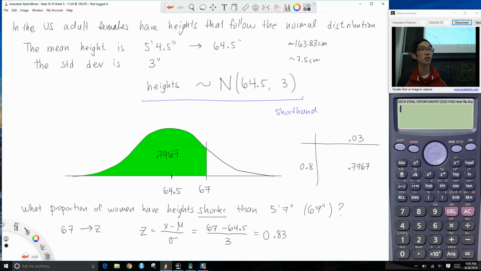Do I have to do anything to that, or do I just leave that? Leave it. I just leave that. Okay, so what proportion of women have heights shorter than 67 inches? Our answer is about 79.67%, almost 80%, okay? So the answer here is 0.7967 if we're going to go off of the Z table, which is pretty close to around 80%.